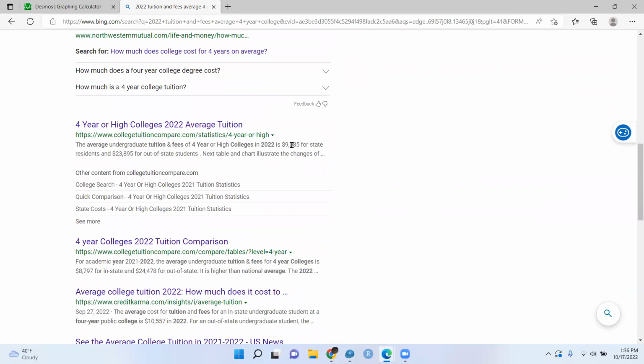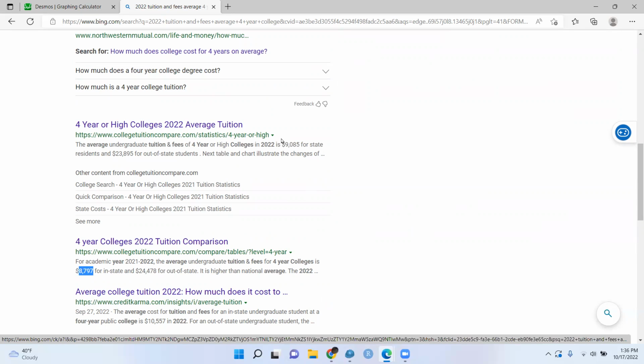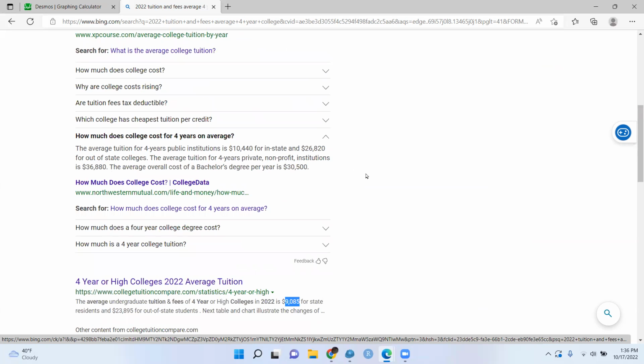Maybe let's use this one. The source doesn't seem that much better, but the number is closer to our predicted values. And if you notice all these different spots, they're all kind of close to this 9,000, 8,000.